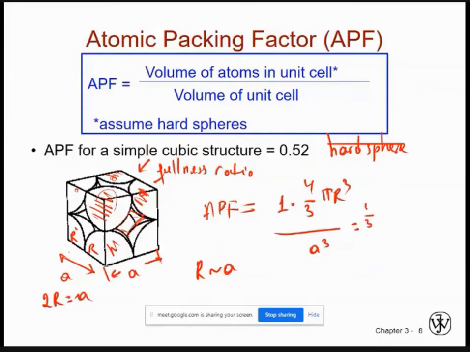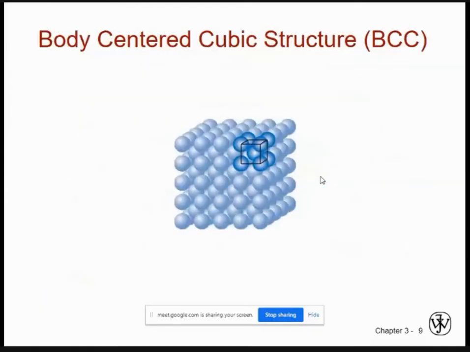So it will be 4 over 3 multiplied by π R cubed over (2R) cubed. R cubed will be gone, and if you simplify it further, we get the value 0.52. That means this simple cubic structure is 52% full, and the rest is empty.